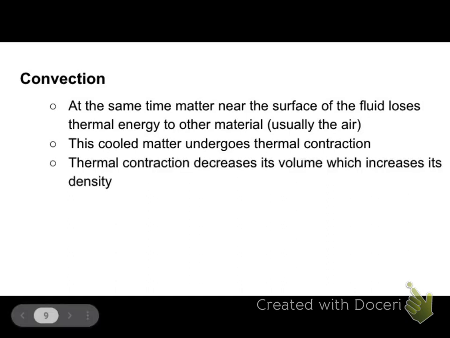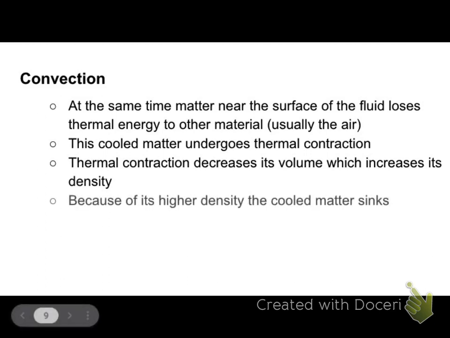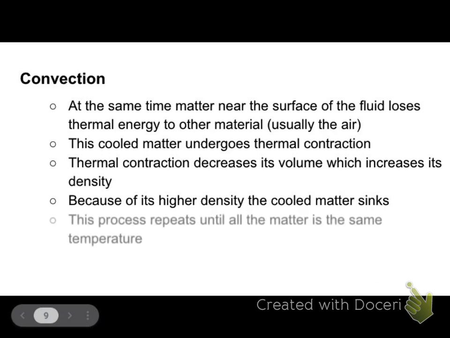Thermal contraction decreases its volume, which increases its density, and with a greater density, that cooled matter sinks. This cooling and sinking and then heating and rising continues until all the matter is the same temperature. And then because it's all the same temperature, it'll all have the same density, so there will no longer be any rising, sinking, heating, cooling happening.